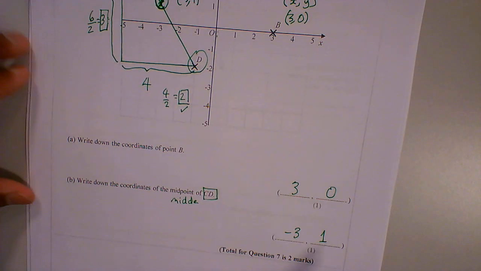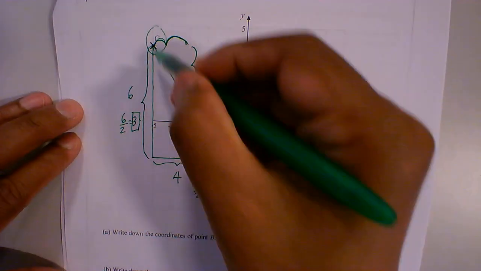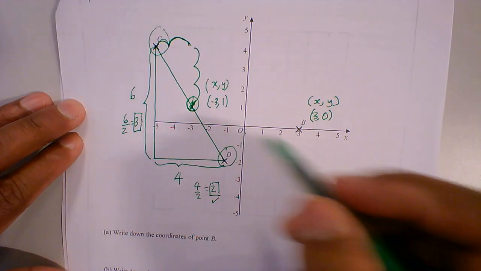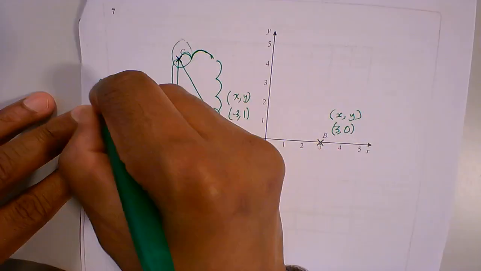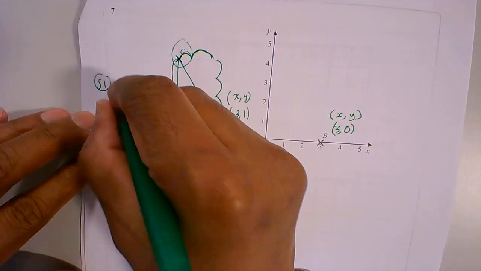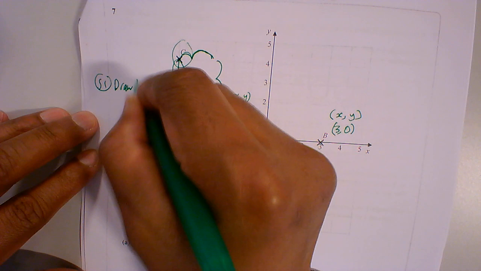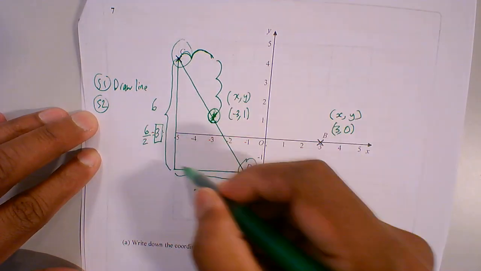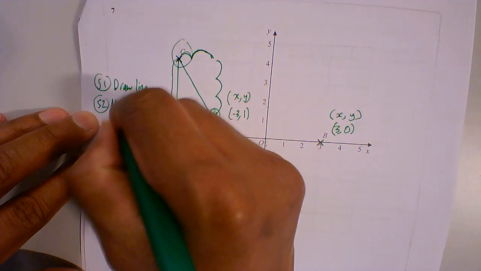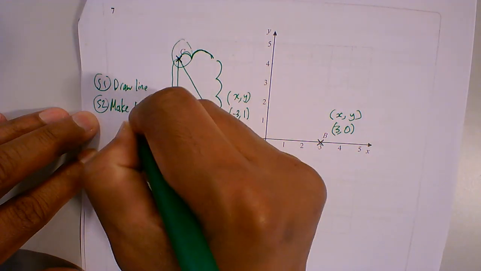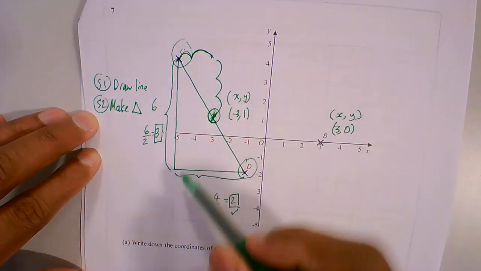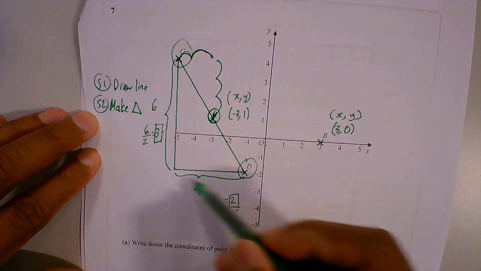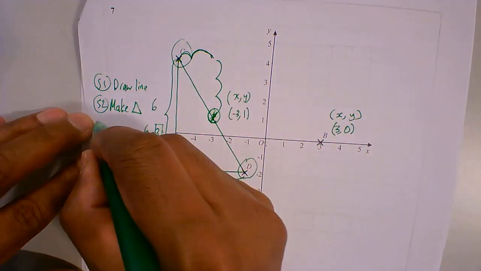So if I break this down, the first thing I do, step 1, is to draw a line. Step 1, draw line. Step 2 is to turn this into a triangle, make triangle. Then step 3 is to count the squares across.